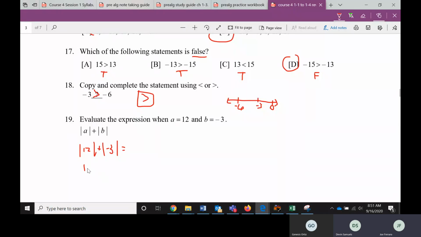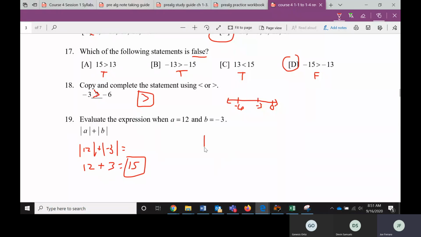Okay, so absolute value of 12 is 12 plus the absolute value of -3 is 3, and that would be 15. Okay, you have to do it in that order because it's different.